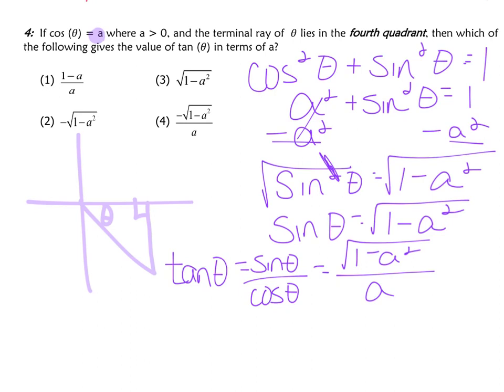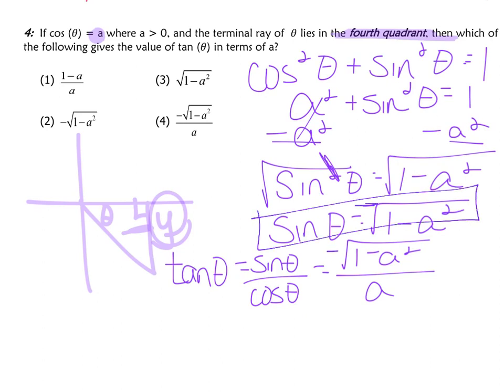Well, I wouldn't say that I messed up, but I forgot a big piece of information here. I am in the 4th quadrant, right? So when I'm finding my sine, my y value is negative. So my y value here should have been negative. So when I plug that in, it's negative. So that gives me choice 4.